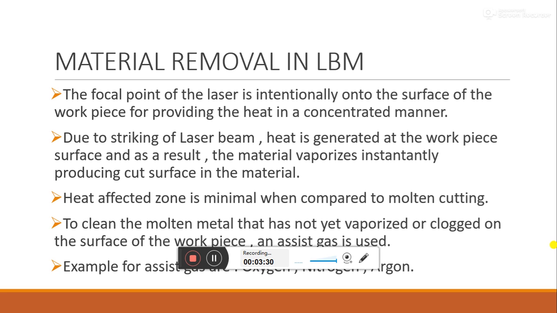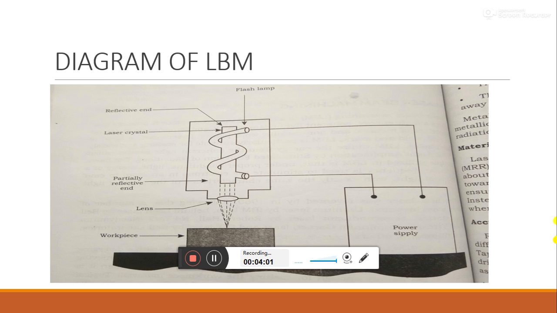Because there is melting of material, the heat affected zone produced during laser beam machining is very small compared to other molten cutting methods. If the material is not vaporized, or there is some molten material left, that is removed using an assist gas, that includes oxygen, nitrogen, and argon, and the selection of the assist gas depends on the type of workpiece being machined. Now we go to the diagram of laser beam machining.